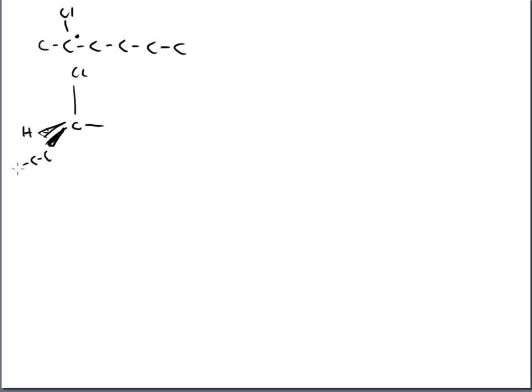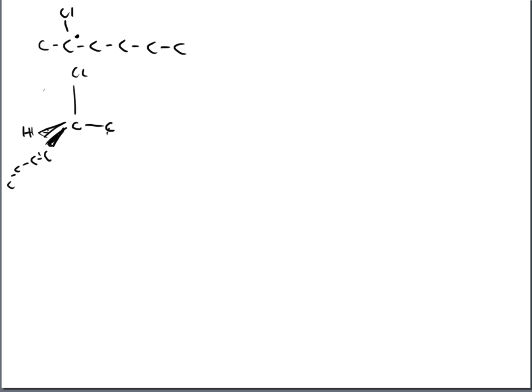So 1, 2, 3, 4. And then this is a methyl group. There we go around the rosy. It goes left-handed, which is sinister. So I know in substitution, the substitution reaction is going to give me the opposite of the stereochemistry.